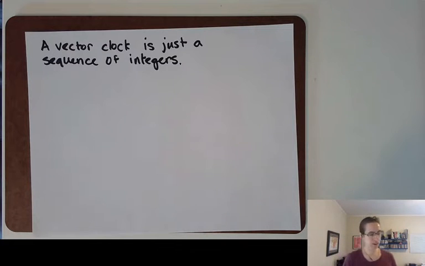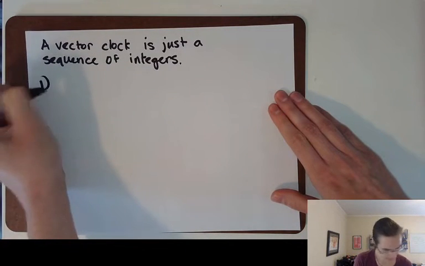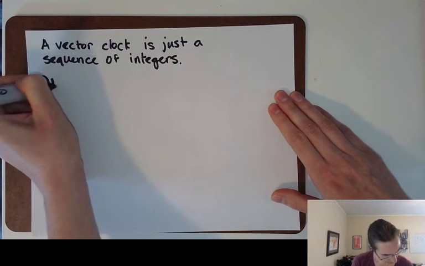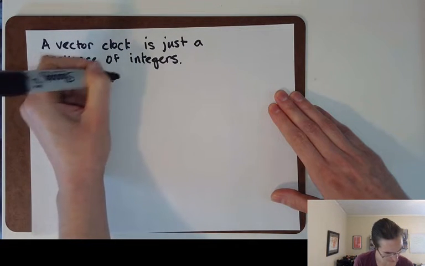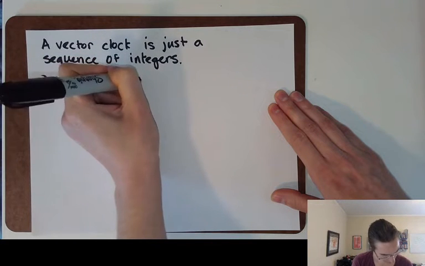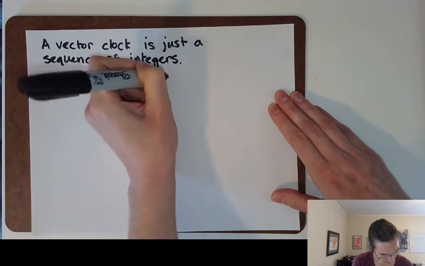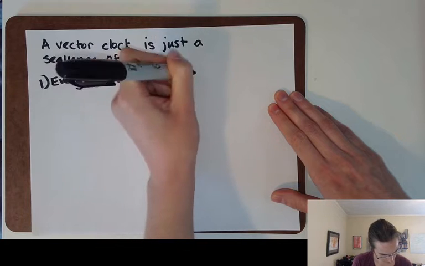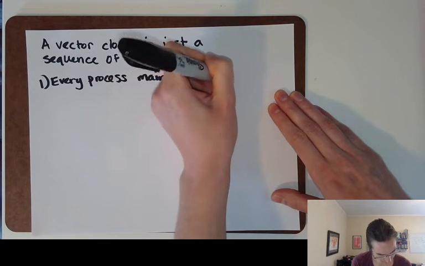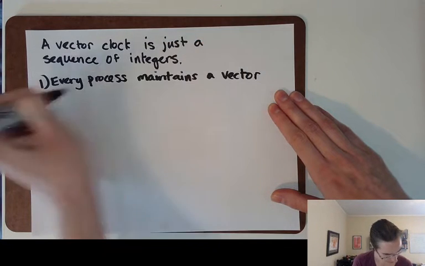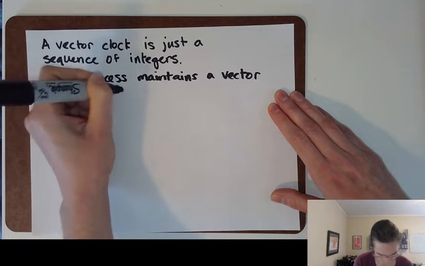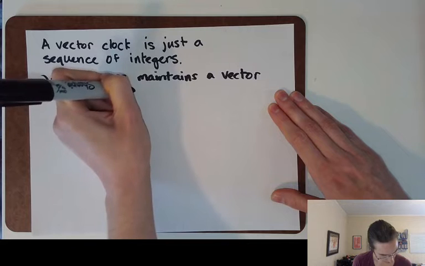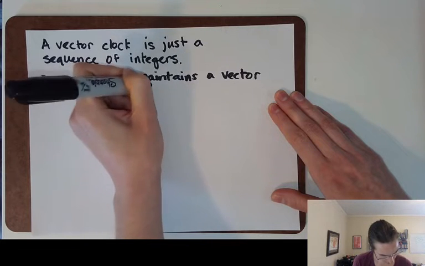First of all, every process maintains a vector of integers initialized to 0.